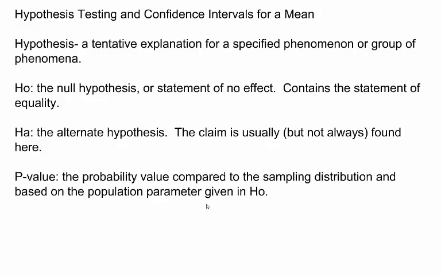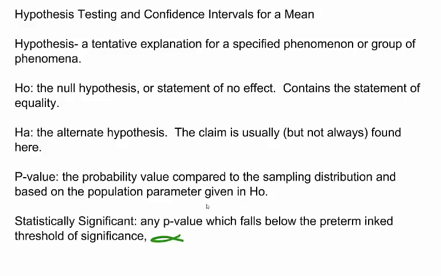Our p-value is the probability value compared to the sampling distribution and based on the population parameter given in H0, our null hypothesis. Statistically significant: any p-value which falls below the predetermined threshold of significance, the Greek letter alpha.